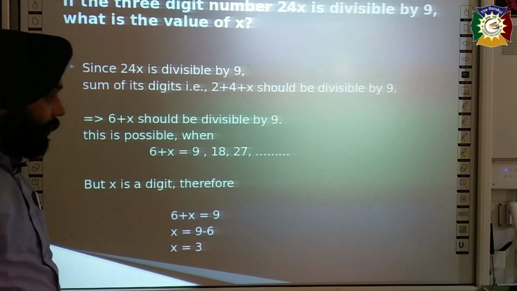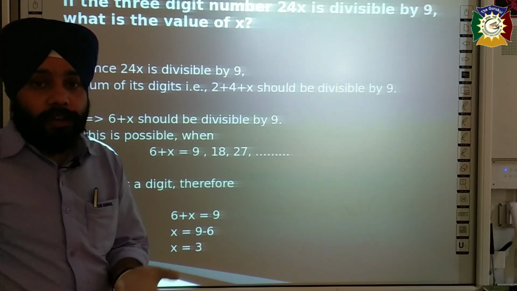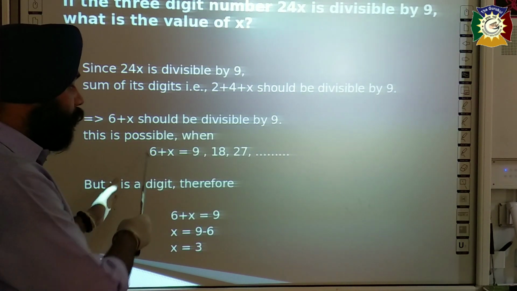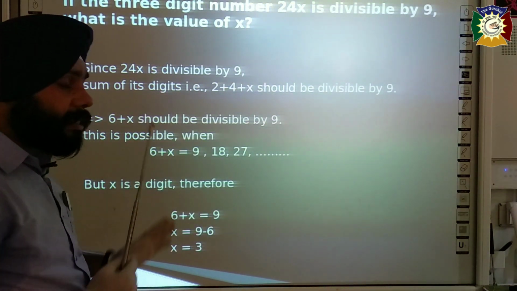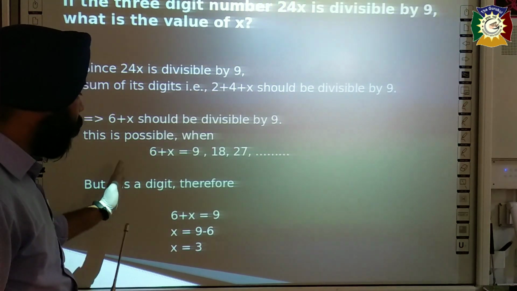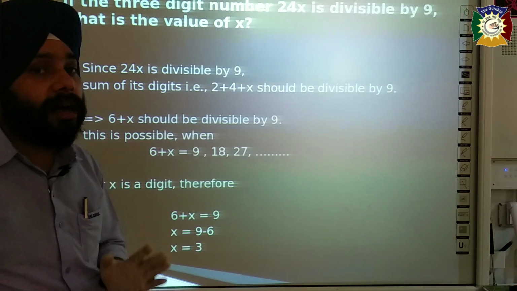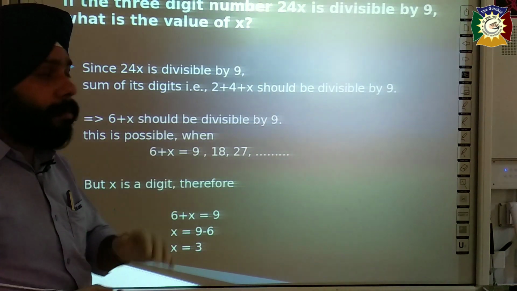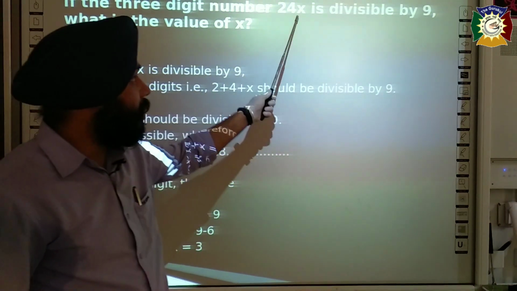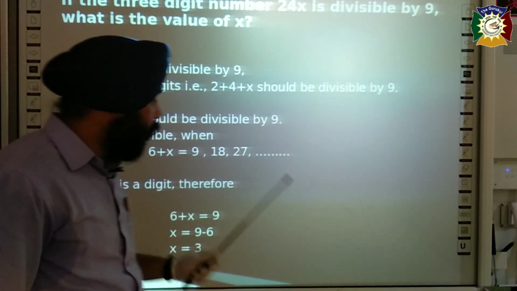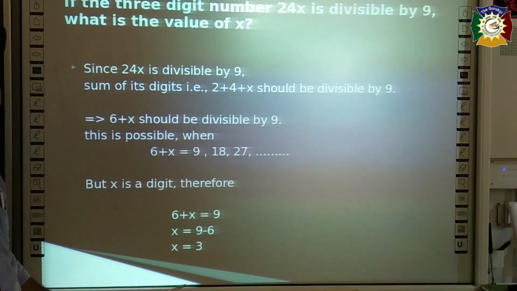Suppose you take 18, which is also divisible by 9. But then 6 plus x equals 18, and when you transfer 6 to the opposite side, x becomes 12, which is a two-digit number. But we know x is only a single digit, so we have to take only 9. So this is the divisibility rule of 9.